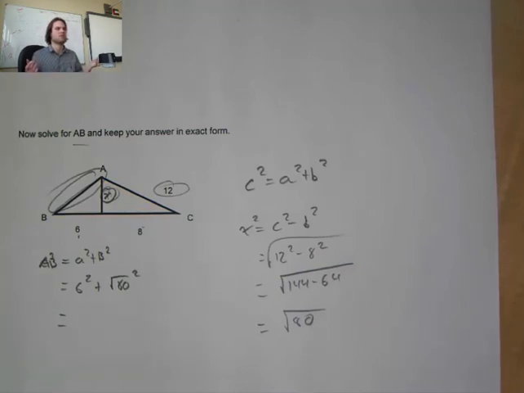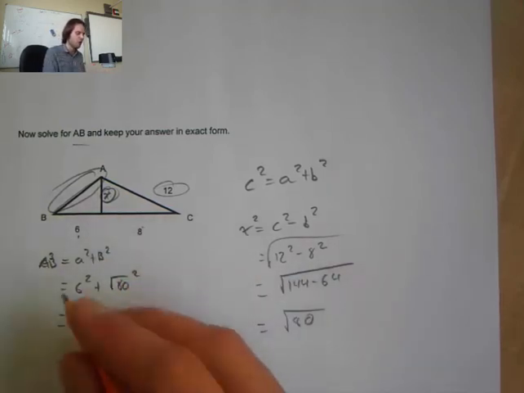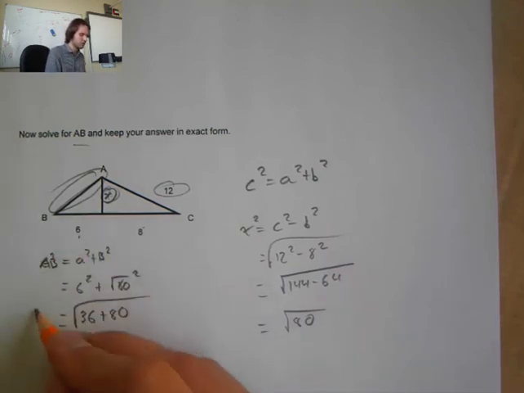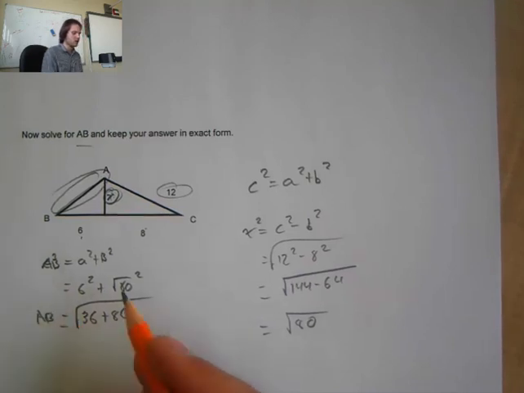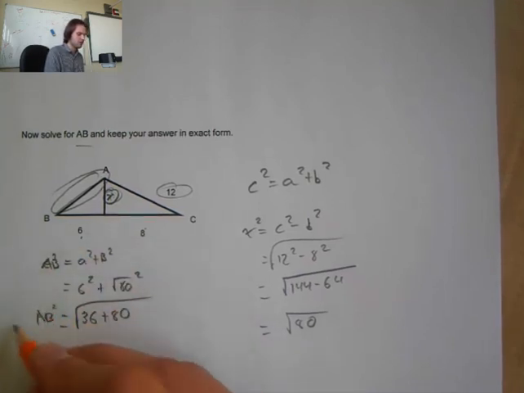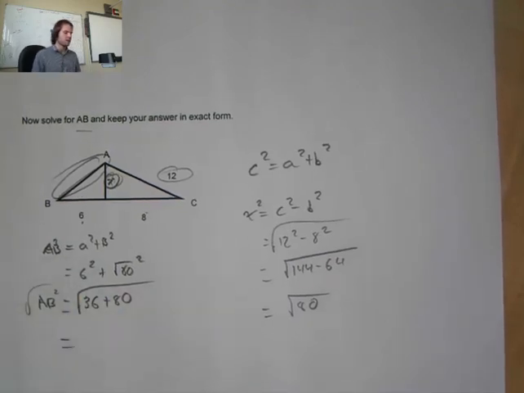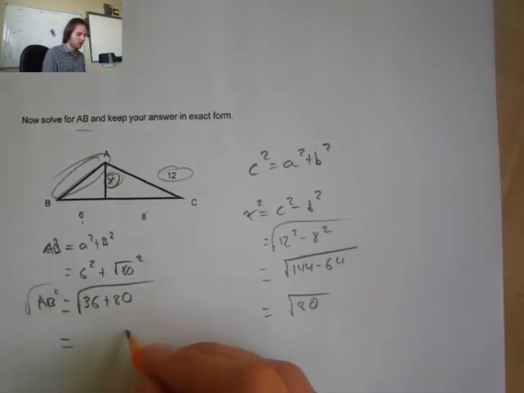It's going to be the same. It's going to be that number, right? Just get rid of it. Like, square root of 25 is 5. Then squared it's 25, so it's really just canceling out the square root. So I'm going to have 36 plus 80 square root, and that's just going to give me AB. Because basically I had AB squared here, and I square root both sides to get rid of that square. So this is going to end up giving me square root of 116.